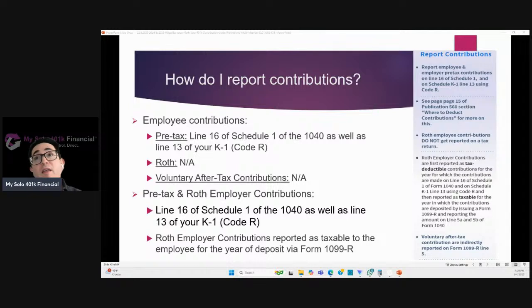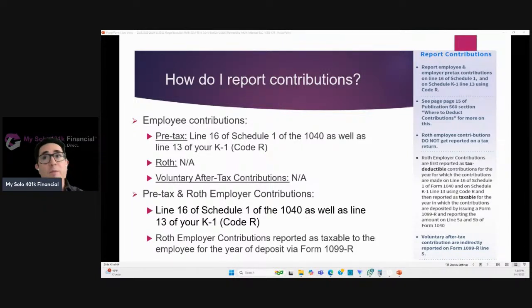And then on top of that, our plan also allows for mega backdoor Roth contributions. The way that one makes mega backdoor Roth contributions is by making what's called voluntary after-tax contributions. The voluntary after-tax contribution limit is higher than the Roth contribution limit.